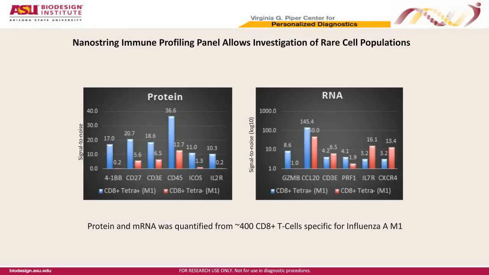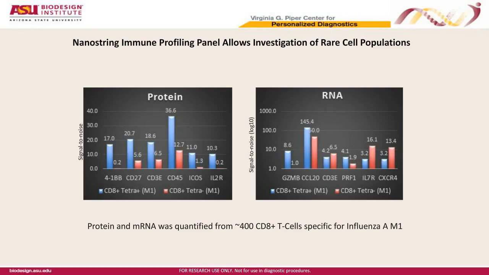To do this, we were measuring down to about 400 CD8 positive T cells in each population. Both populations underwent in vitro stimulation for a short term in order to increase the pre-sort frequency of the antigen-specific T cells.